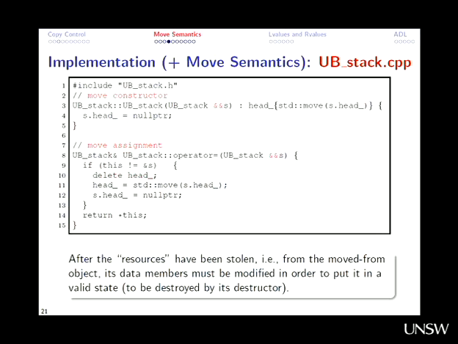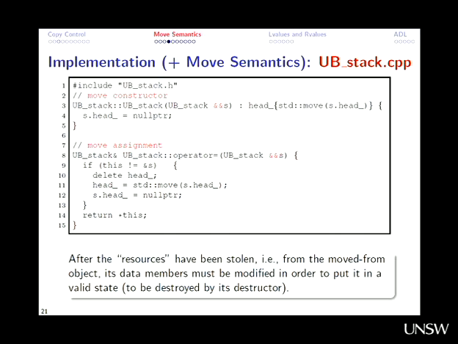The implementation looks a bit like this. The move constructor calls standard move and moves this head pointer across. The thing it's moving from is now assigned to a null pointer, because that thing's about to get deleted.